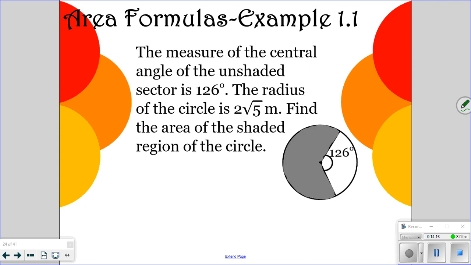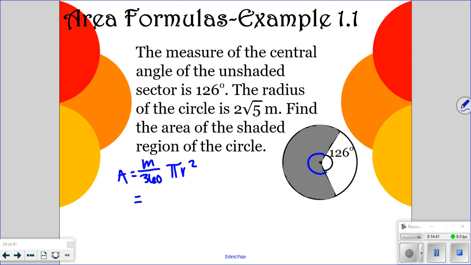So we're going to look at finding the area of the shaded part of the circle. So our area formula for a sector is the measure of the angle over 360 and then times the area of your circle. So pi r squared. So it tells us we want to find the area of the shaded region. So this angle over here is 126. So we need to find the angle over here.